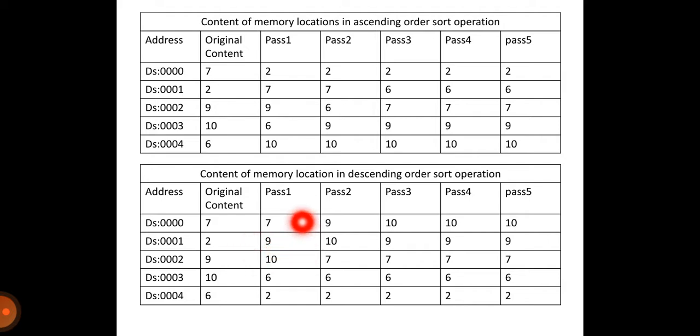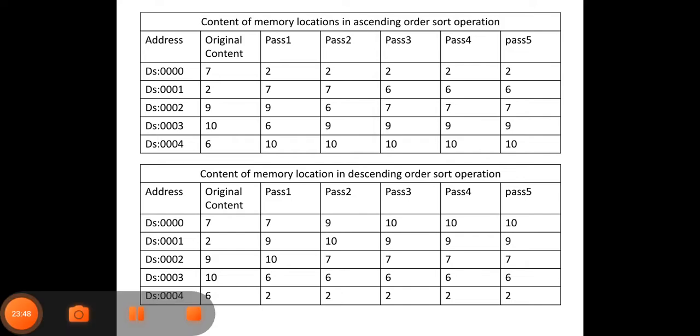Okay. 7 compare with 9, 9 comes first. 7 compare with 10, 10 comes first. 7 compare with 6, 7 comes first, as you can observe. Then 9 compare with 10, 10 comes first. 9 compare with 7, 9 comes first. 7 compare with 6, 7 comes first. So I hope you understood this particular experiment of sorting.